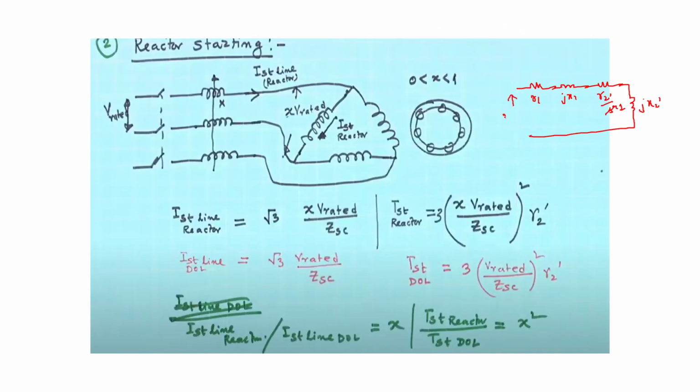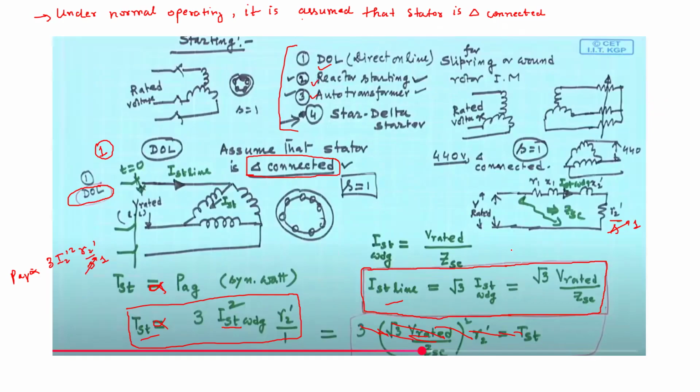Now here you have X V rated. So the starting winding current I starting will be X V rated divided by this equivalent impedance. Let us say this equivalent impedance is ZSC, because this is what we have taken in the earlier example also, right?